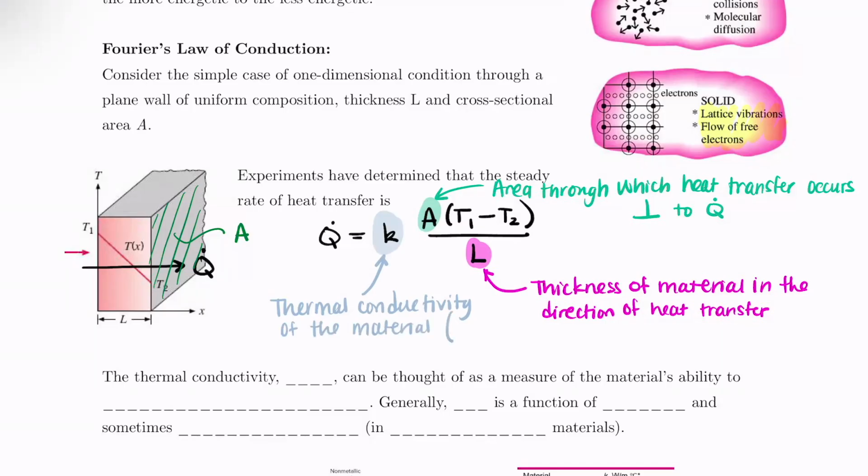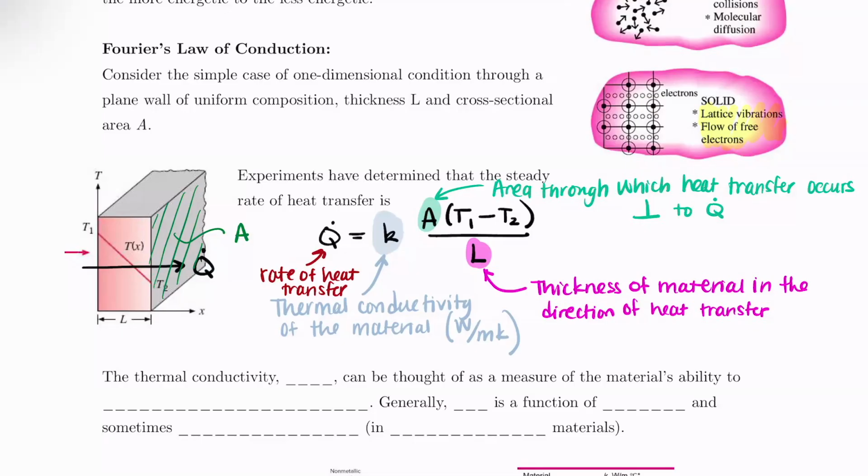It has units of watts per meter Kelvin or similar. And then Q dot is the same as before. Q dot is our rate of heat transfer. So that notation is the same as thermodynamics.